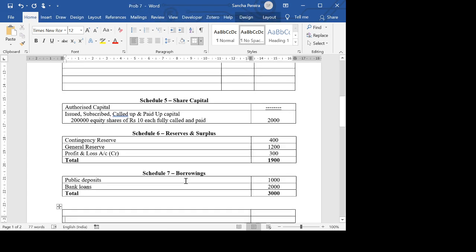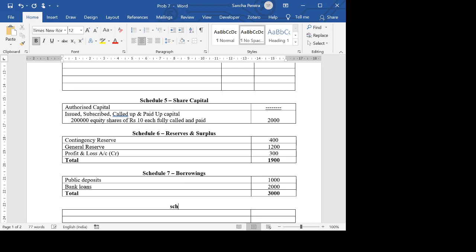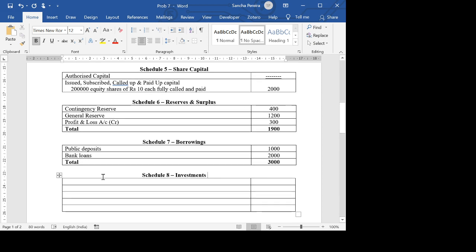Fair value change, I said, is a working note which we do towards the end. Right now we are going in the order of schedules. Schedule 8 is investments. Now, with regard to investments, we just need to be a little careful.